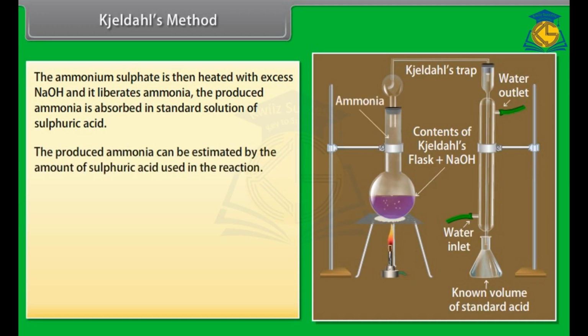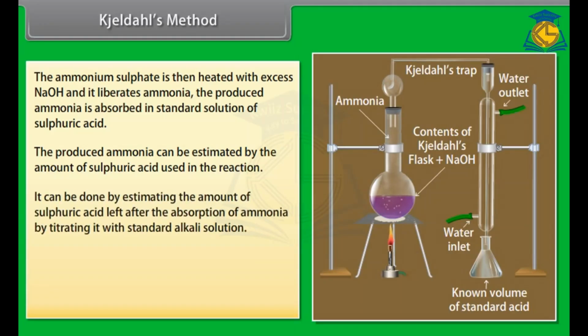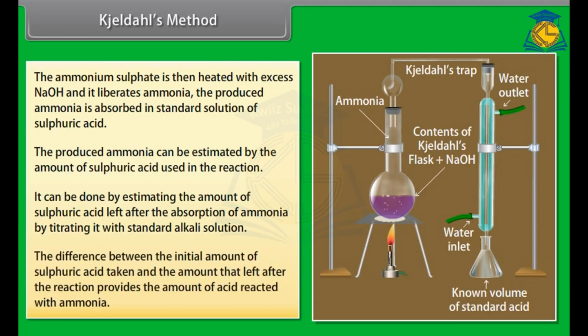The produced ammonia can be estimated by the amount of sulfuric acid used in the reaction. It can be done by estimating the amount of sulfuric acid left after the absorption of ammonia by titrating it with standard alkali solution. The difference between the initial amount of sulfuric acid taken and the amount that is left after the reaction provides the amount of acid reacted with ammonia.